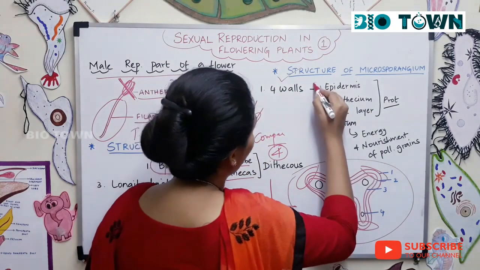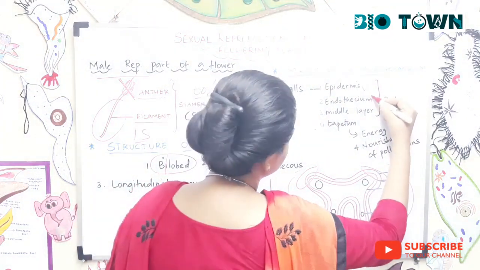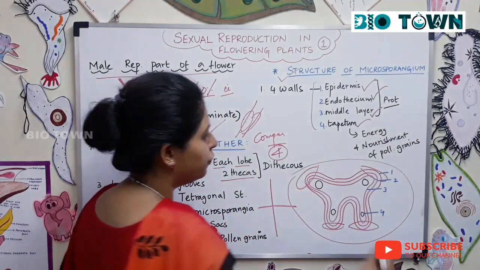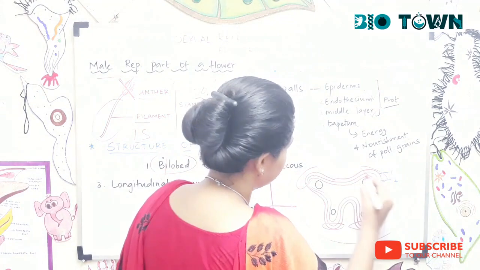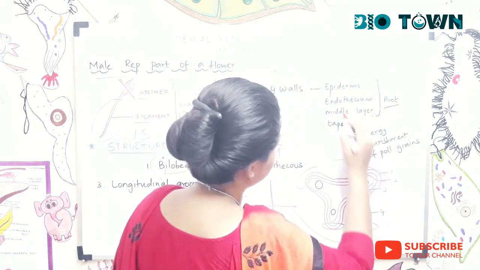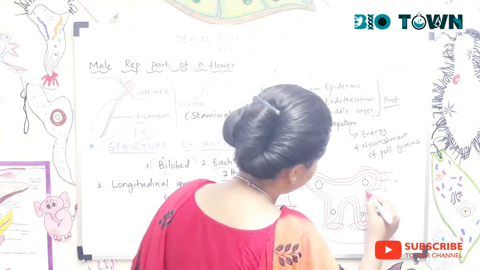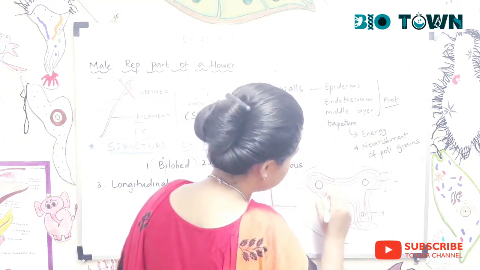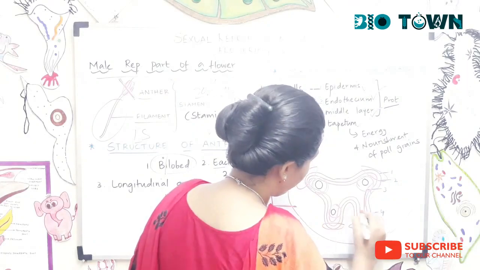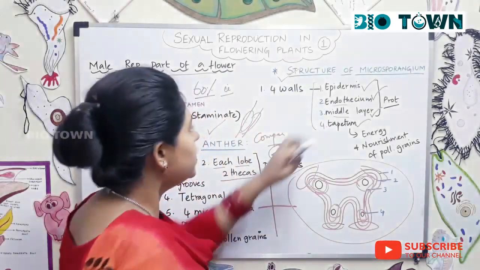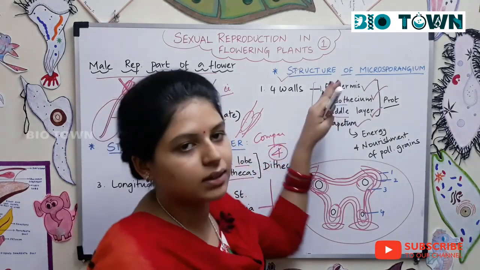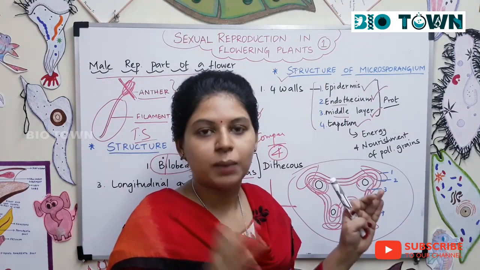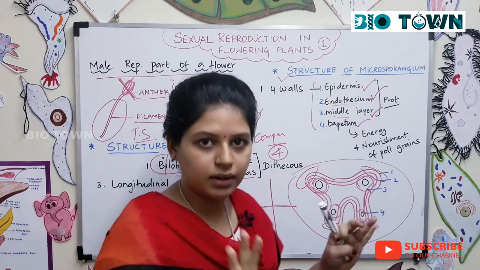First, they have four wall layers: epidermis, endothecium, middle layer and tapetum. The first layer is the epidermis. The second layer is the endothecium. The third layer is the middle layer, and the fourth layer is a spherical layer called the tapetum. The first three layers are just for protection, to protect the pollen grains from environmental damage.